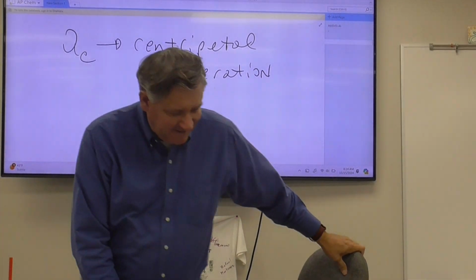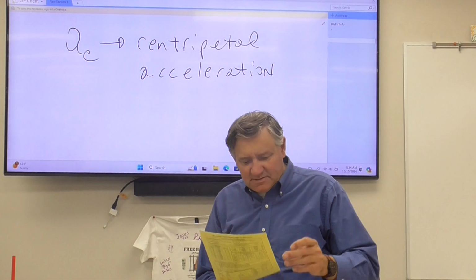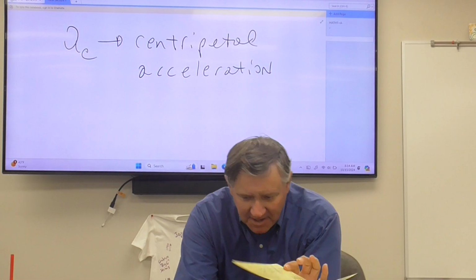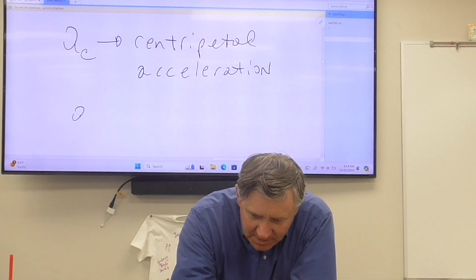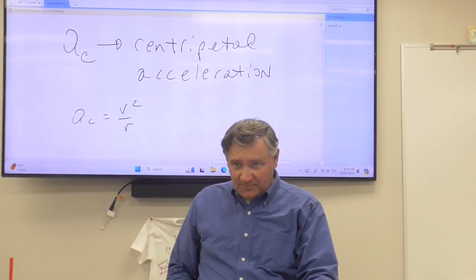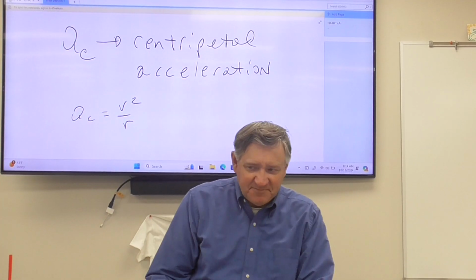I know, it's weird, I always like this one. Now here's the odd thing about centripetal acceleration. We're going to spend a lot of time talking about it, and you have one equation on your equation sheet, and that's v squared over r. That's it, one equation for centripetal motion, v squared over r.